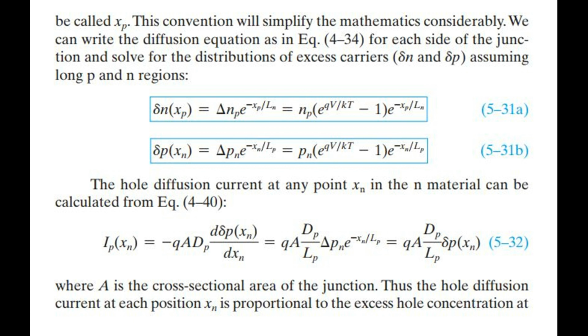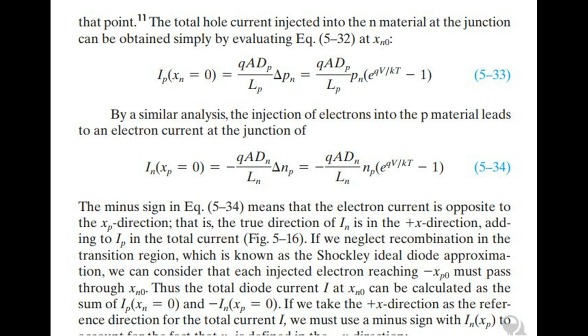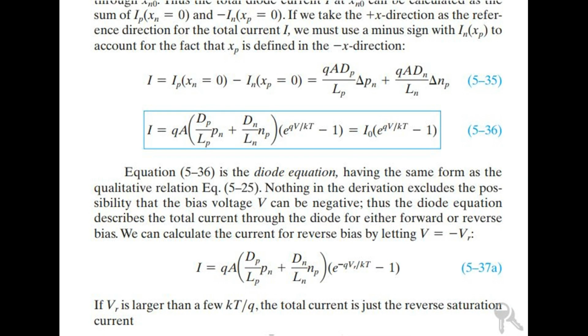The minus sign in Eq 5.34 means that the electron current is opposite to the xp direction, that is, the true direction of In is in the plus x direction, adding to Ip in the total current, Fig 5.16. If we neglect recombination in the transition region, which is known as the Shockley ideal diode approximation, we can consider that each injected electron reaching xp0 must pass through xn0.